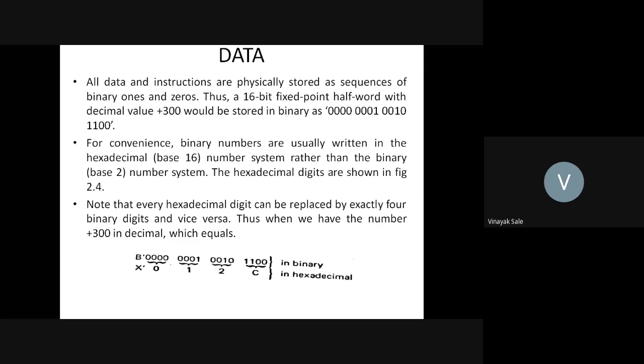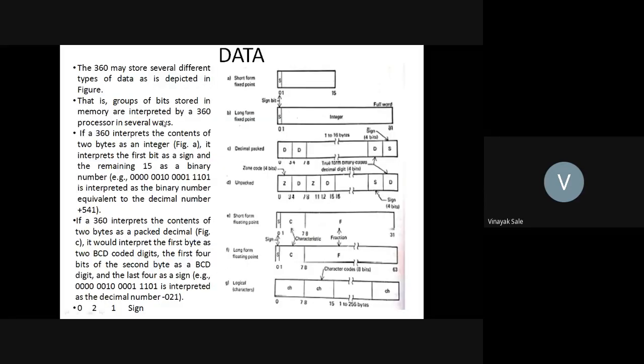So the 16-bit fixed point half word with decimal value plus 300 would be stored in binary format as follows. In case of half word, as shown in figure A, this is a half word, a short form of fixed point.